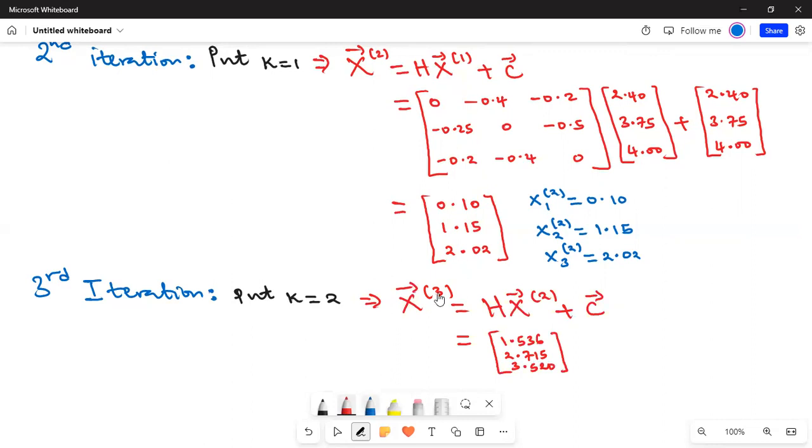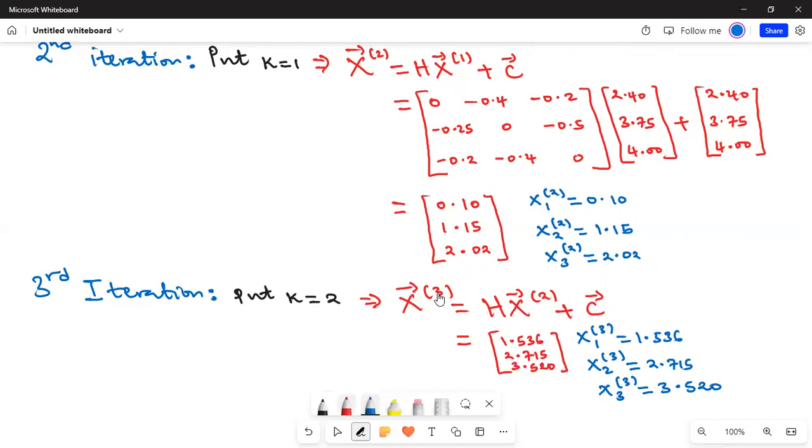And so the interpretation here is that x1 at level 3 is equal to 1.536, x2 at level 3 is 2.715, and x3 at level 3 is equal to 3.520.